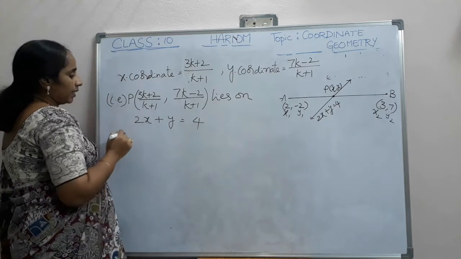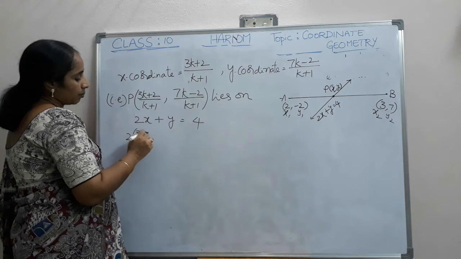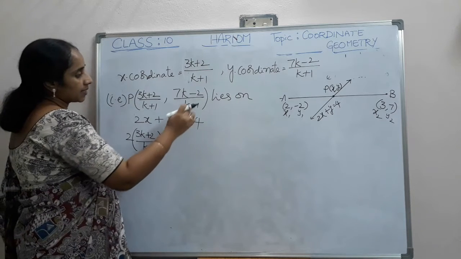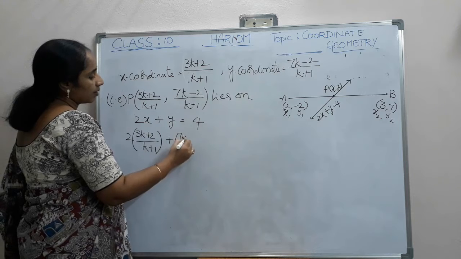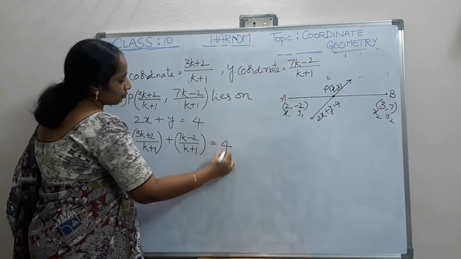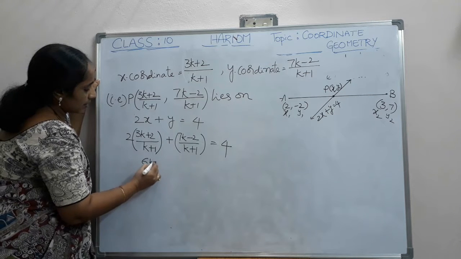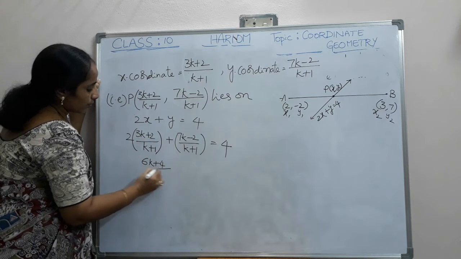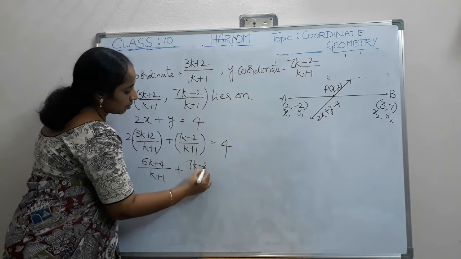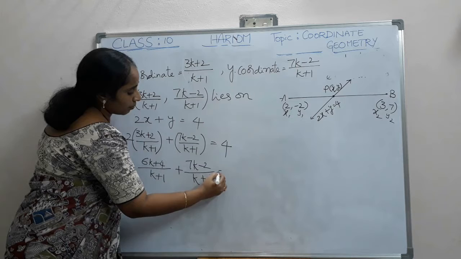So we have to substitute: 2 into the x coordinate (3k plus 2) by (k plus 1), plus y, (7k minus 2) by (k plus 1), is equal to 4. That is 2 into 3k, 6k, plus 2 into 2, 4, by k plus 1, plus (7k minus 2) by (k plus 1) is equal to 4.